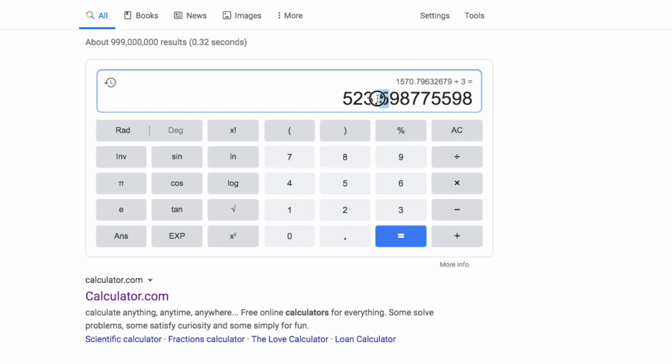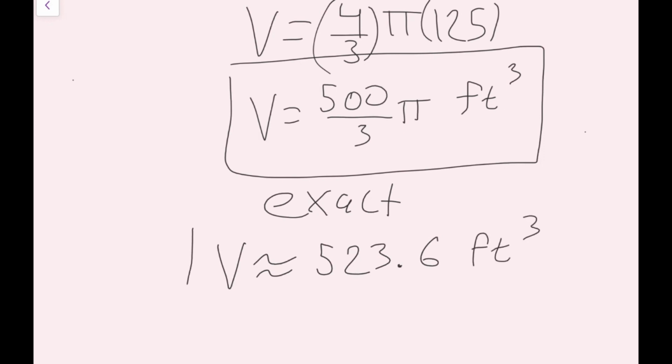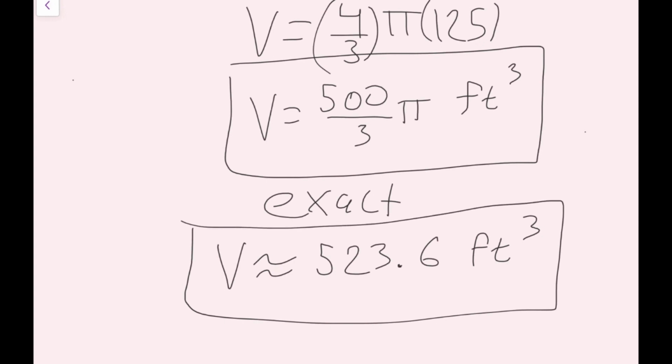But I want to round to the nearest tenth, so I look at my tenth, go 1 over to the right, which is 9. So because it's a 9, I'm going to round up. So it's going to be 523.6. So V is about 523.6 feet cubed. So this is our rounded answer.